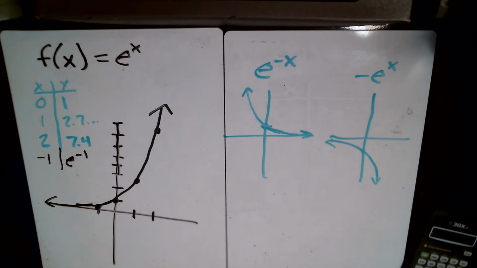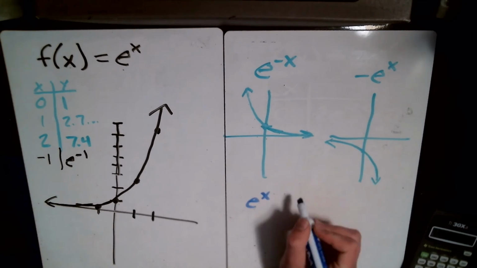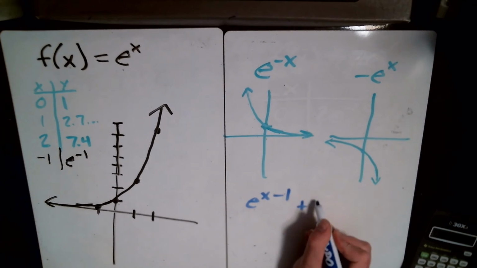Okay? So let's just do a big final one to get an idea of what we are doing here, so that you are ready for the homework. Let's do one like e to the (x minus 1) plus 3.